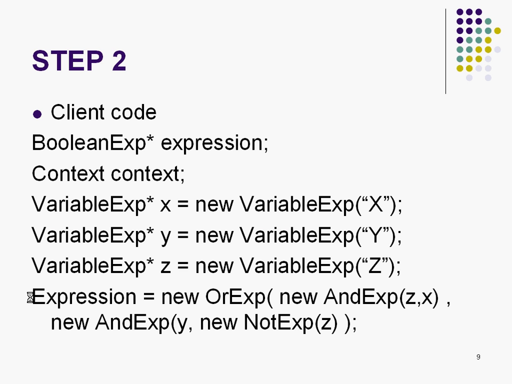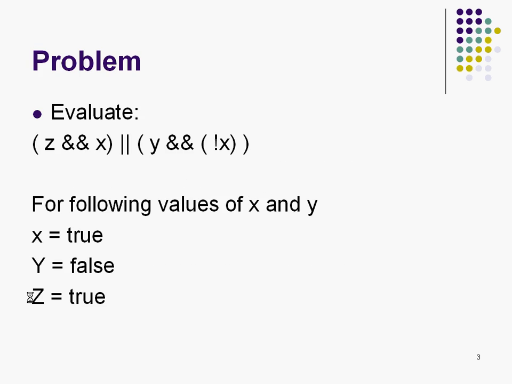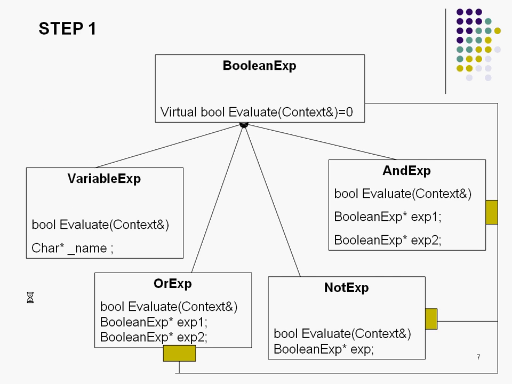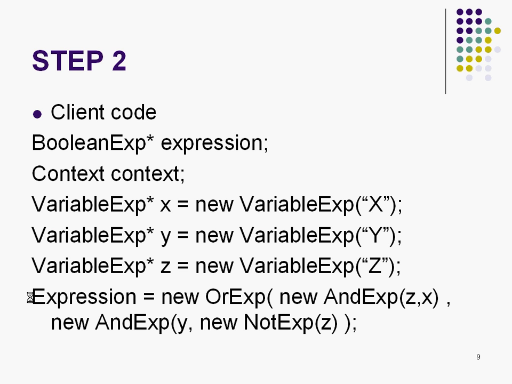There are 3 variables in my example. My expression was, let me write down the expression over here. There are 3 variables in my expression: one is x, the other is y, and the third is z.